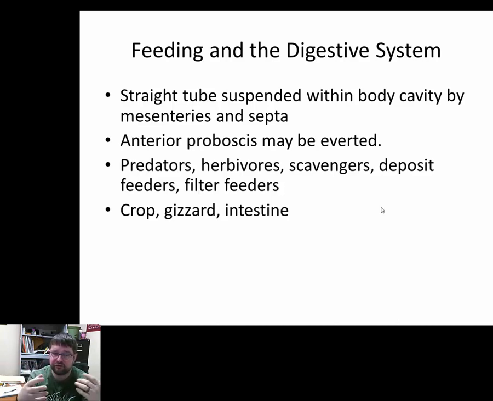So the crop is initially to grind up food. A lot of times in the crop of annelids, you'll find small pebbles and rocks, sand, that kind of stuff, used to grind up different food sources. Gizzard, often, is very important for digestive glands, so you can have glands that are excreting digestive enzymes.